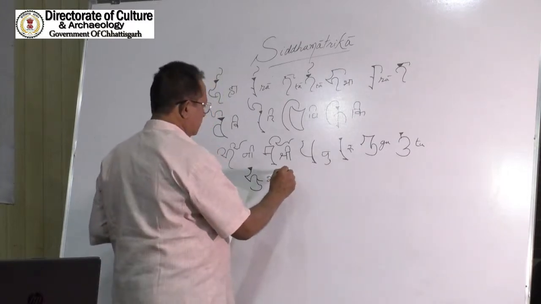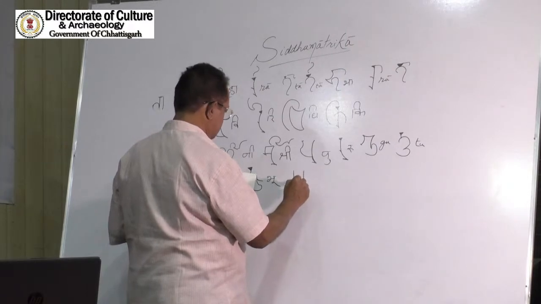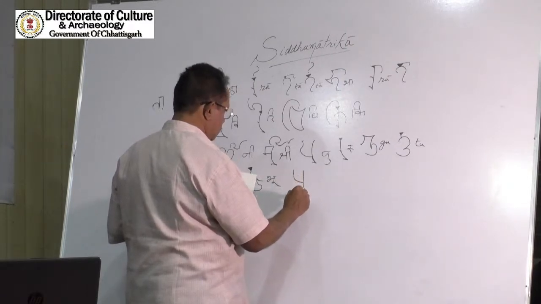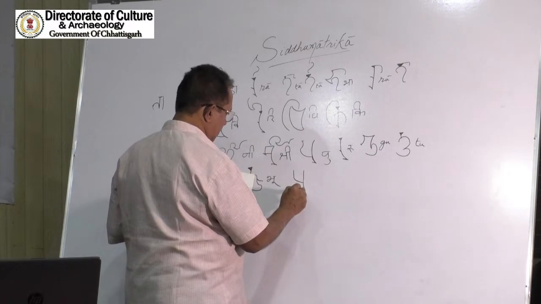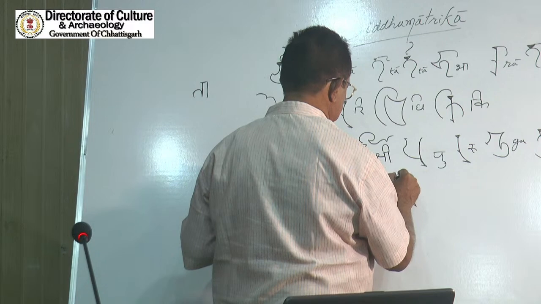Or for example when you want to write pa, one stroke is this, another above for pu, puja, like this.